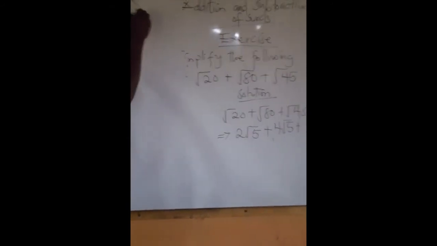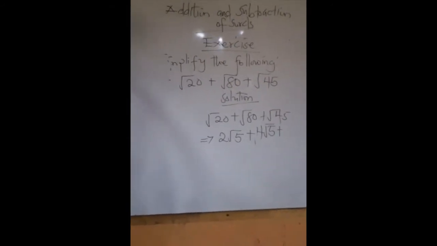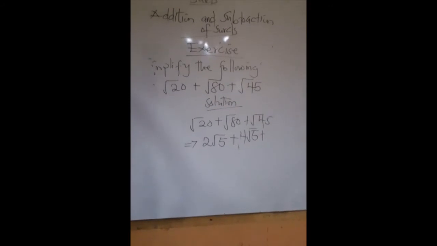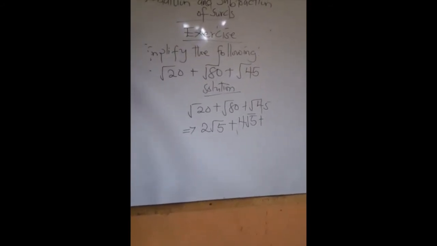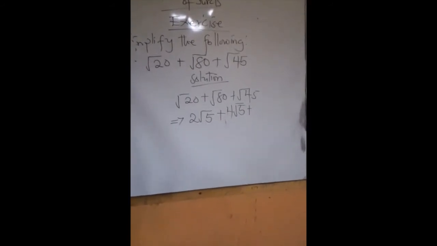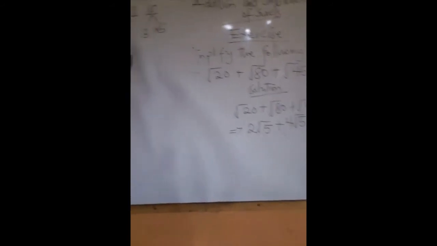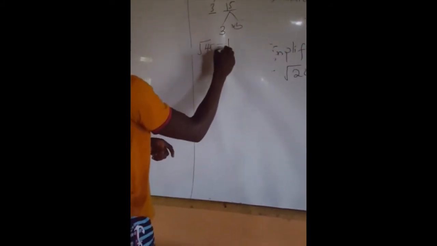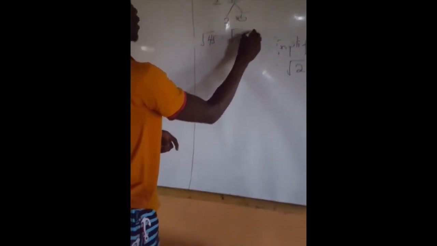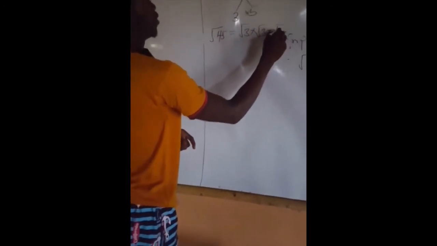And 3 times 15 will give us 45. This is a prime number, this is not a prime number. Let's break it down to get prime numbers. So we are going to have 3 times 3 and 5. So this means root 45 can also be written as root 3 times root 3 times root 5.